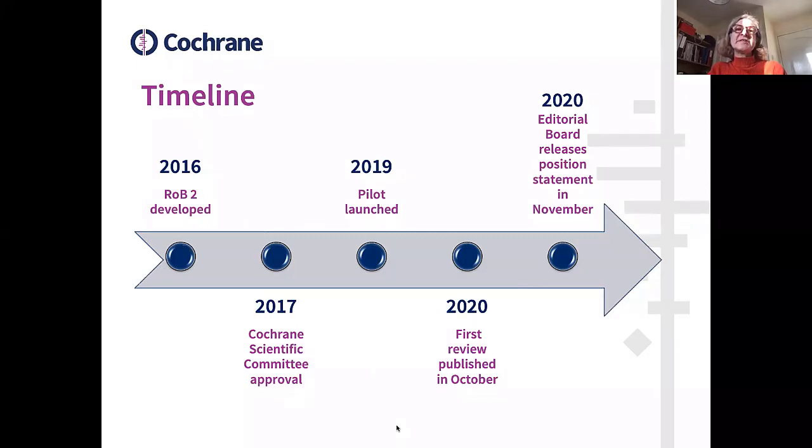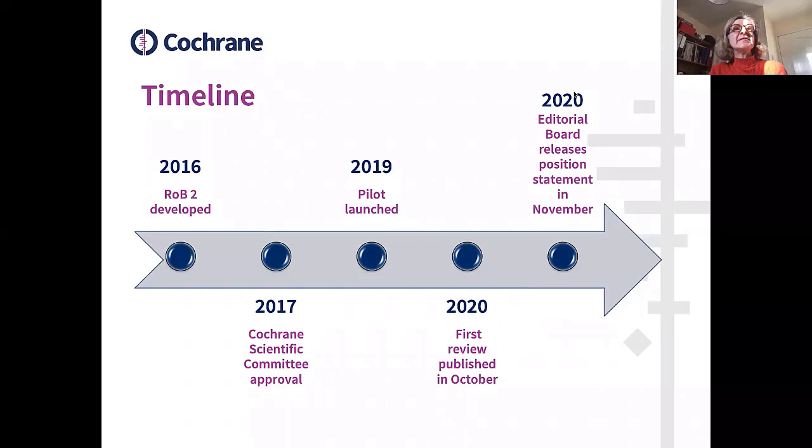Then going forward to 2020, Cochrane published its first review using RoB2, and that was a review on physical activity interventions for people with congenital heart disease by Williams et al. After 2020, we began a scaling up phase, and the editorial board in 2020 released a position statement.